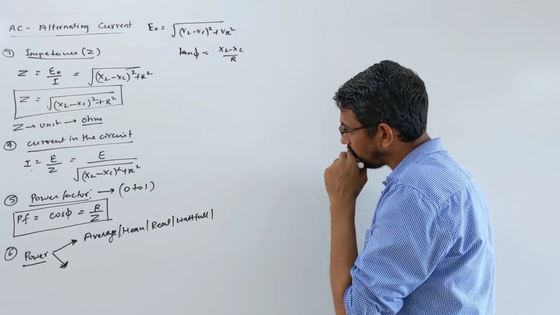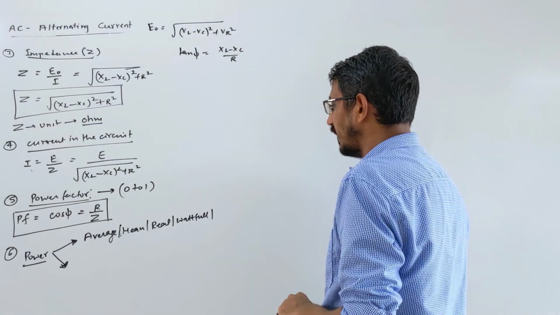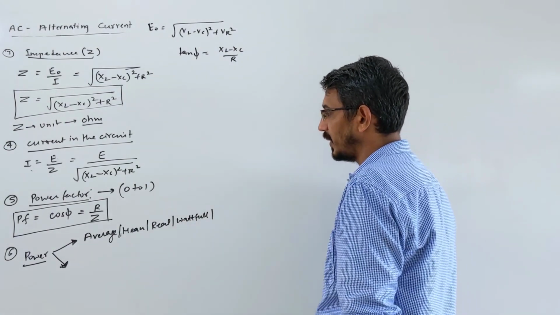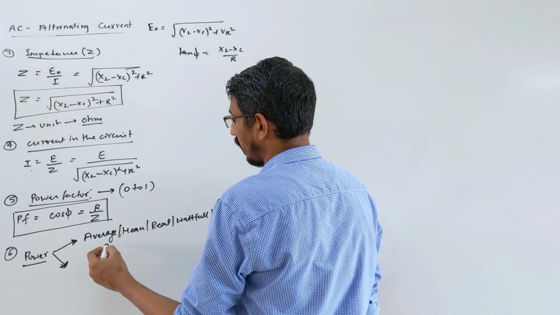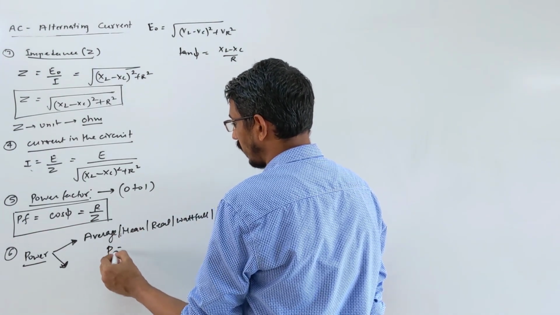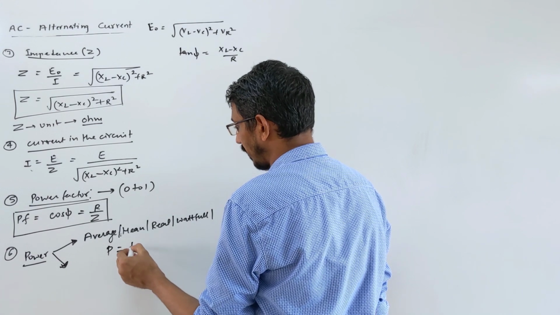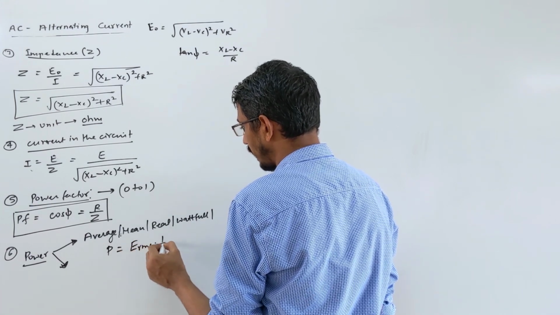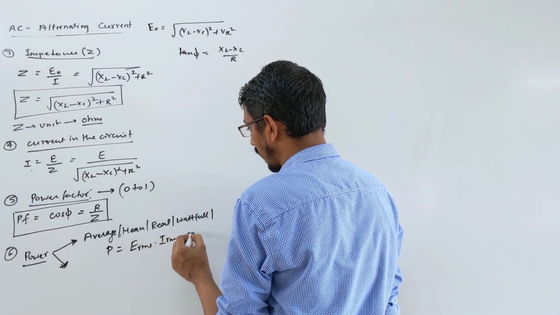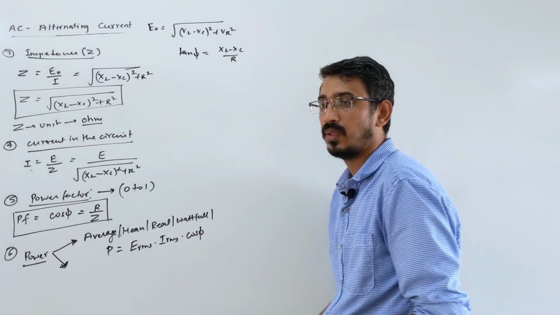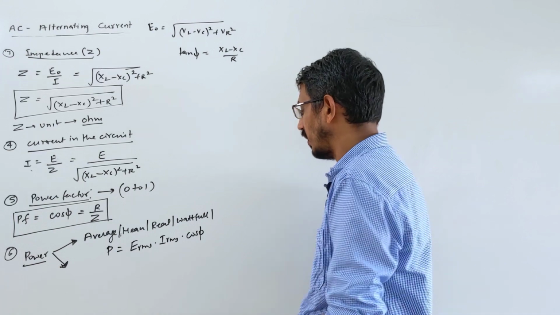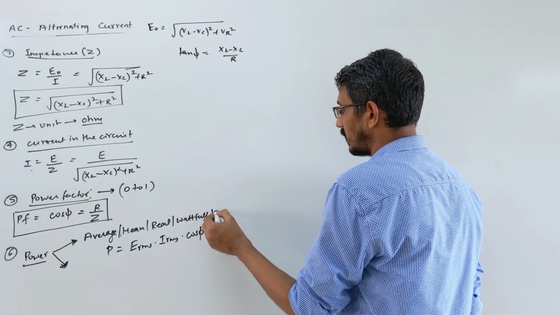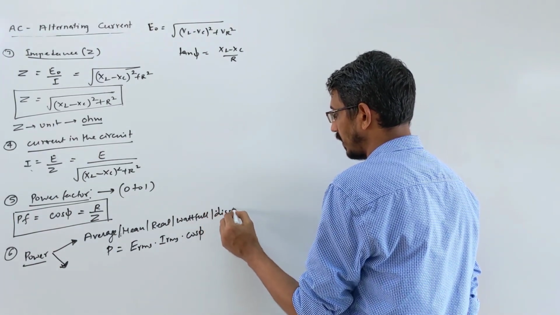So these are your real power. And how do we write this real power? Power is equal to ERMS, the RMS voltage, into IRMS into cos phi. Cos phi is the power factor, it tells you how much real power is consumed. People call it power dissipated also, they can ask you.